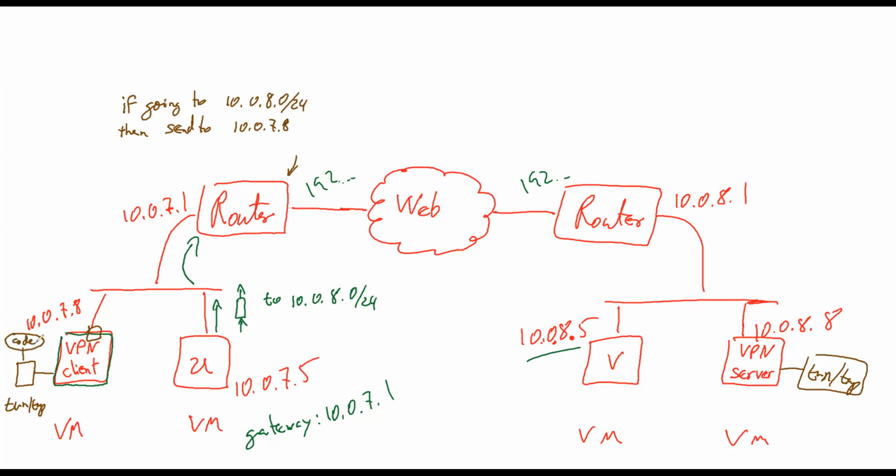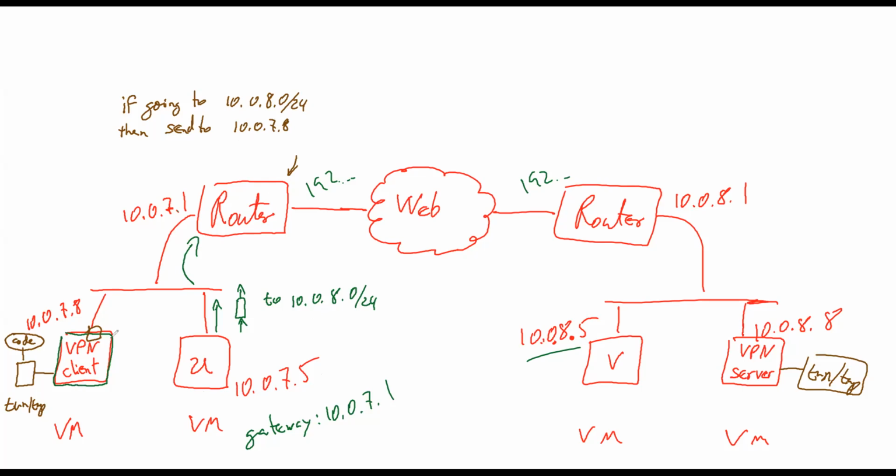That's the code. So now remember, this machine or any machine in this network wants to go to 10.0.8, let's say 10.0.8.5. It hits the router, which says, okay, I need to forward this to the VPN. Now the VPN could be inside of the router, perfectly valid, or it could be another device on the network.